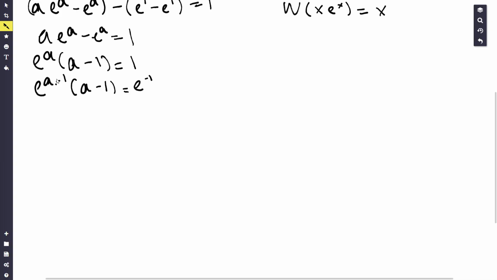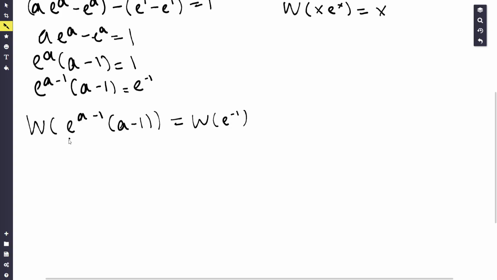Alright, so now we can simply take the Lambert W function of both sides. We'll have the Lambert W function of alpha minus 1 times e to the power of alpha minus 1 equals the Lambert W function of e to the power of negative 1.